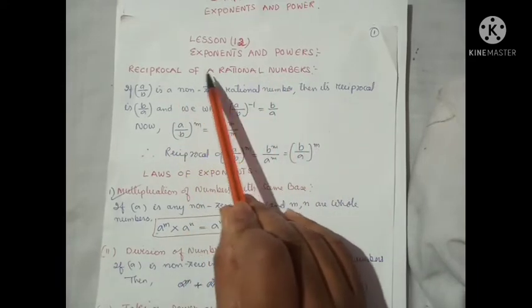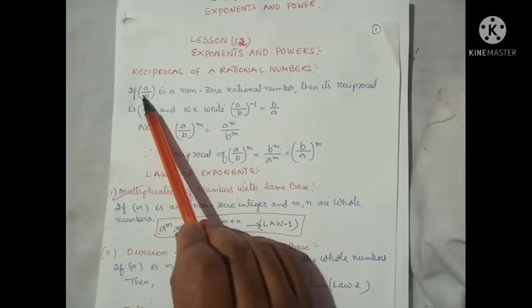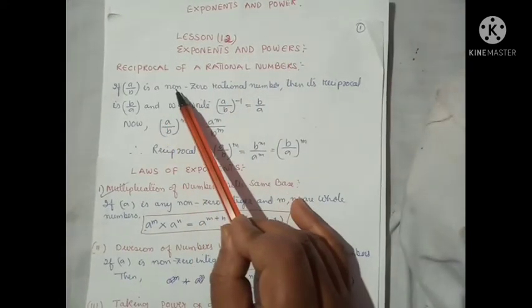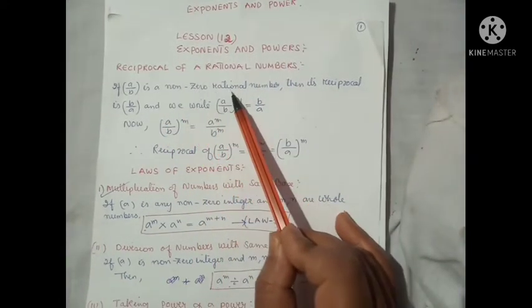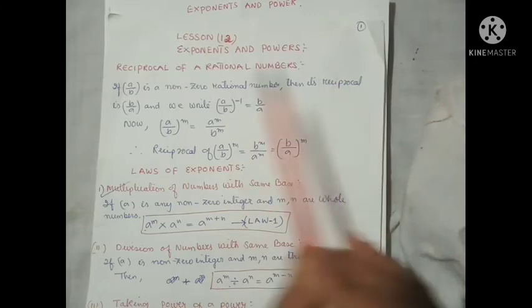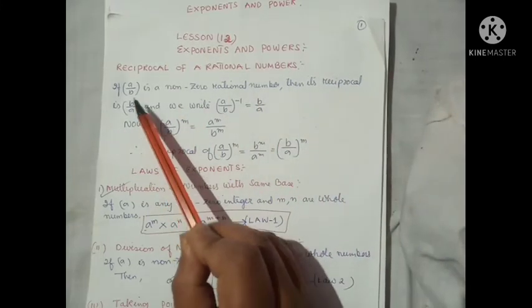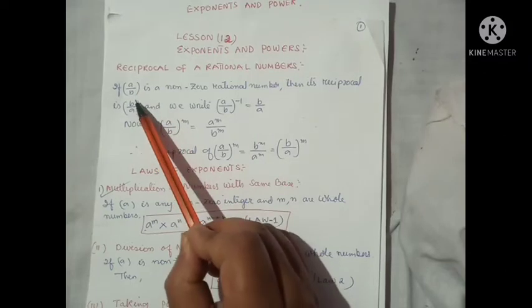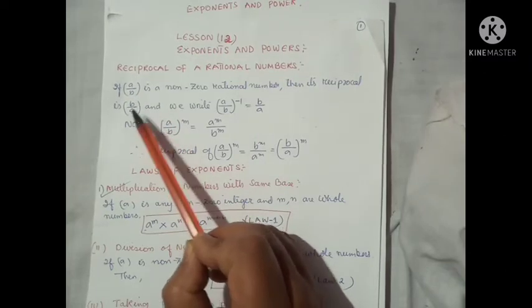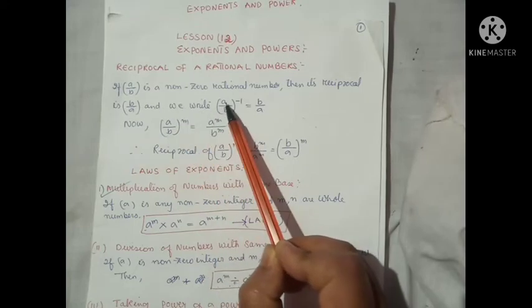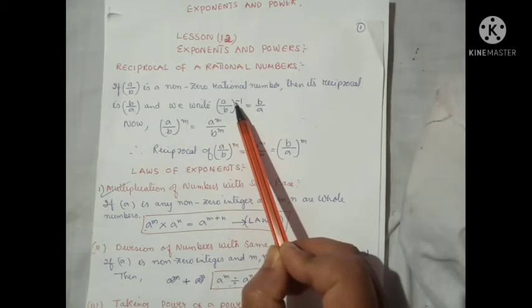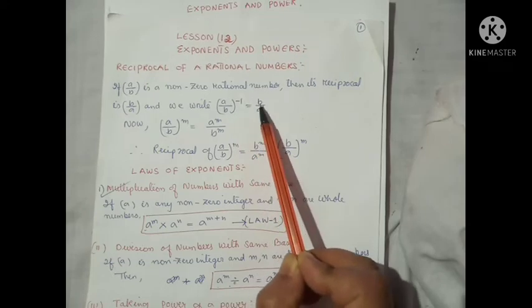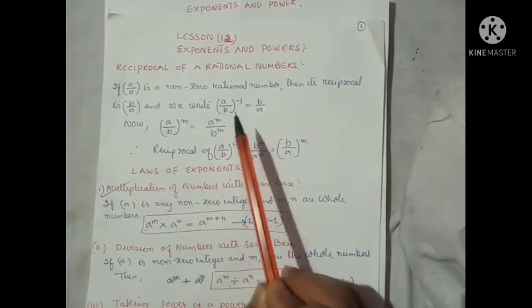The reciprocal of a rational number: if a by b is a non-zero rational number, then its reciprocal is b by a. You all understand that the reciprocal of a by b is b by a. And if we write (a by b) to the power minus 1, it is equal to b by a, this is the reciprocal.